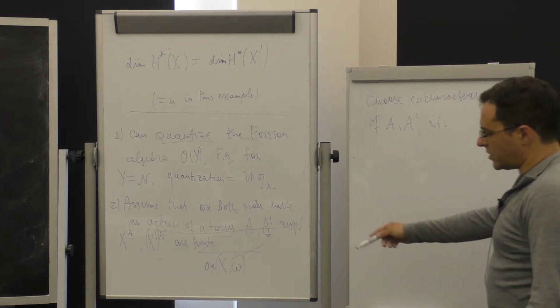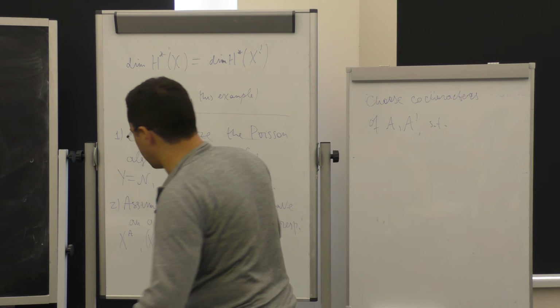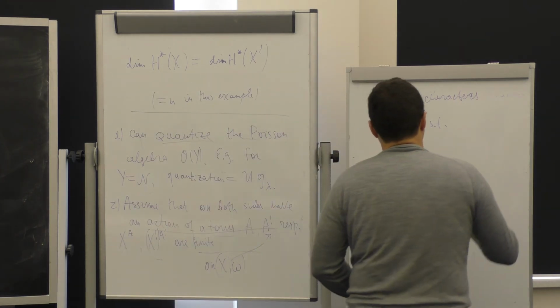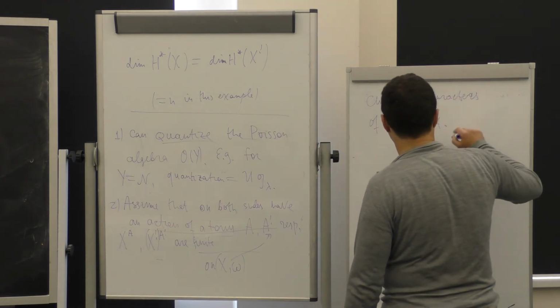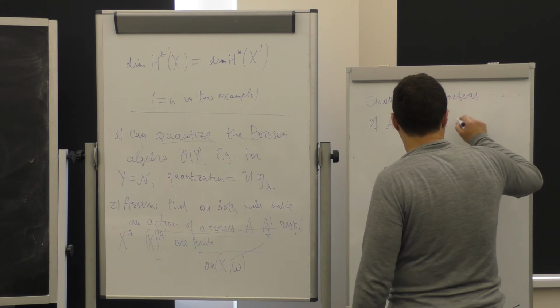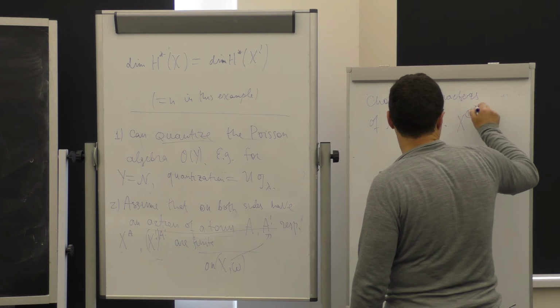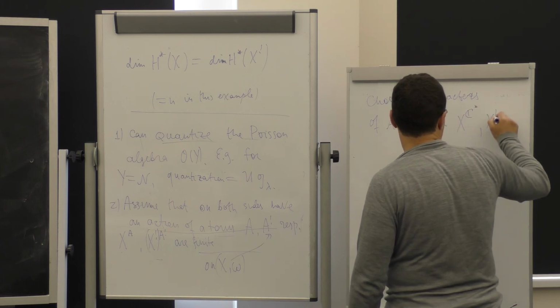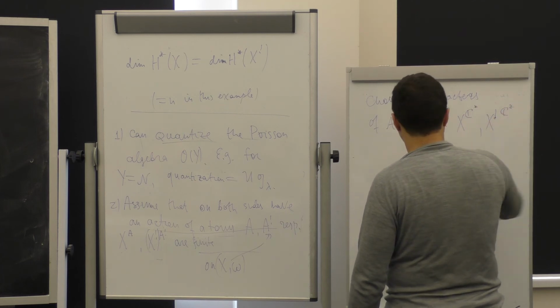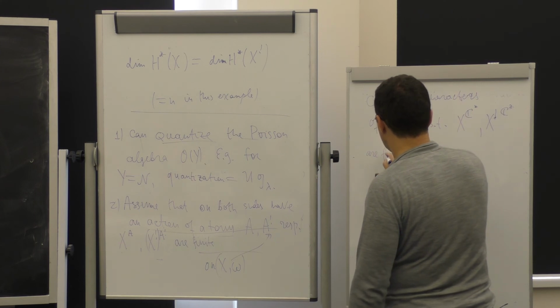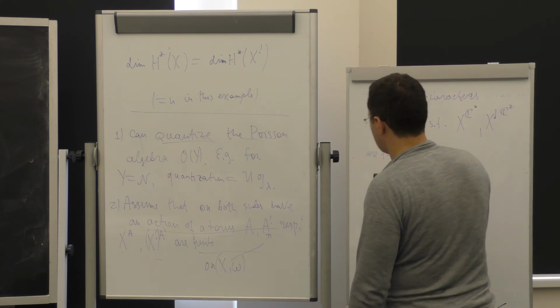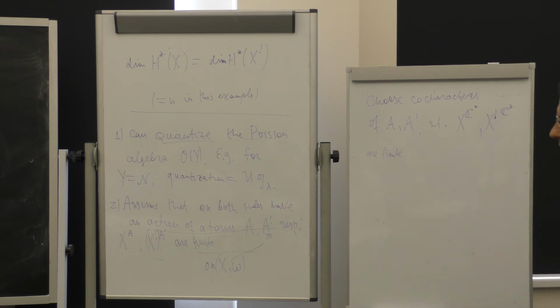And then without loss of generality, you can assume that it also commutes with this dilating torus. Yeah, so that X^C* and X shriek^C* are also finite.